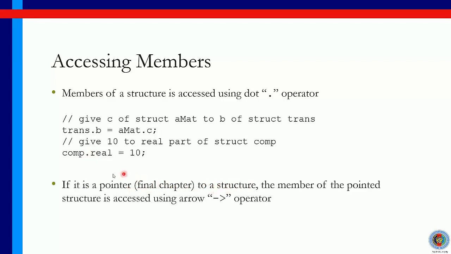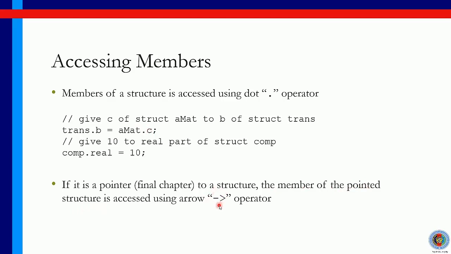But if it is a pointer to a structure, pointer is the topic that we learn in the final chapter. If the structure is a pointer, to access the member of the pointed structure, we use the arrow operator instead of the dot operator.